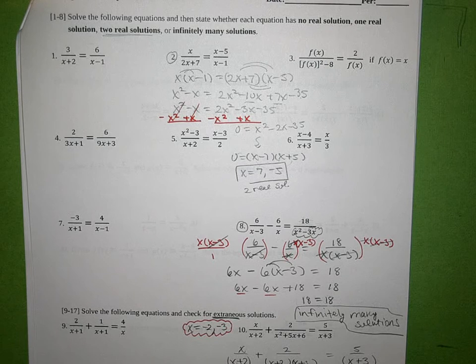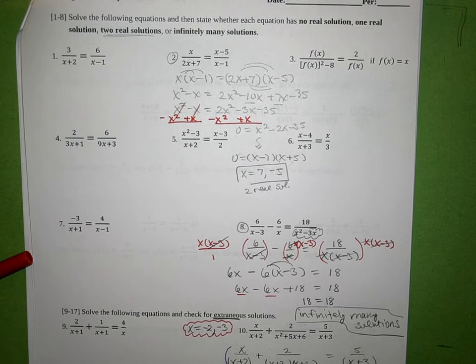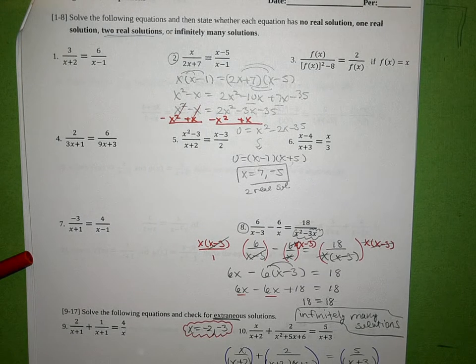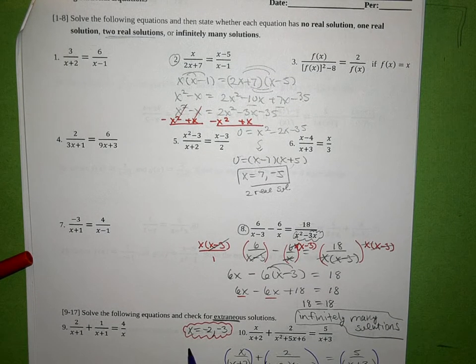All right, I'm going to multiply everything by the common denominator, which is x plus 2, x plus 3. They have an x plus 2 in common, x plus 3 in common. I'm going to multiply everything by x plus 2, x plus 3.